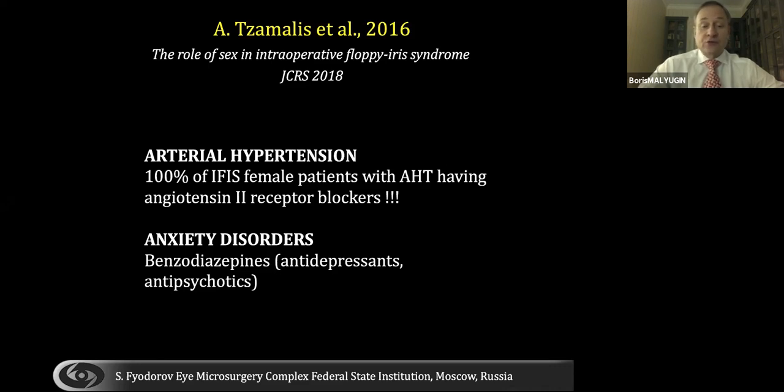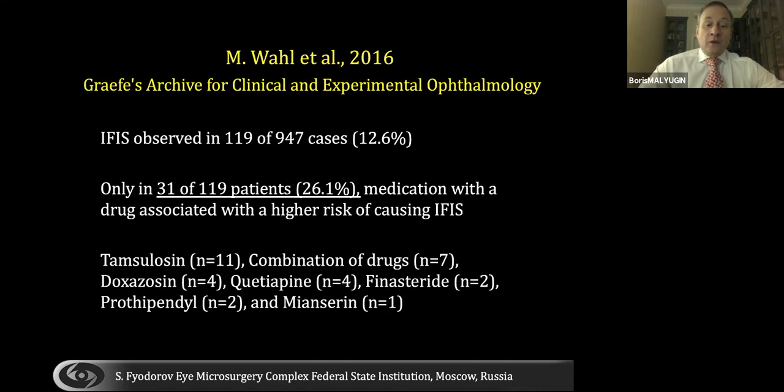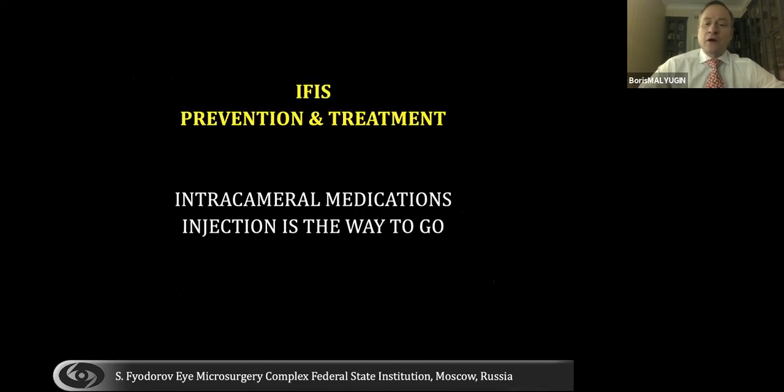They are also associated with that syndrome. As shown here, there are several drugs that are associated with this syndrome. However, not all of the patients are taking any kind of drugs. There is a substantial number of patients who are not using any drugs, and this, of course, may happen with them.